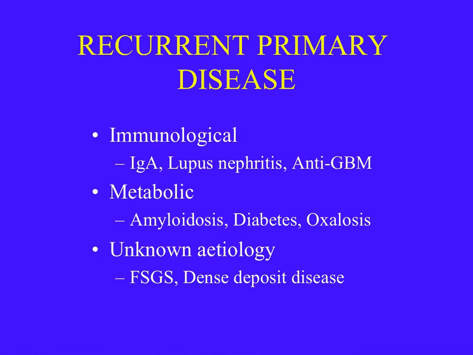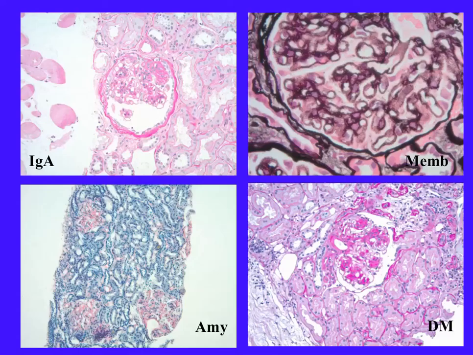A recurrent primary or de novo glomerulopathy may also be a cause of chronic graft dysfunction. These lesions are classified as immunological, metabolic, or of a known etiology. The histological appearances are similar to the ones that we can see when we assess native kidney biopsies.